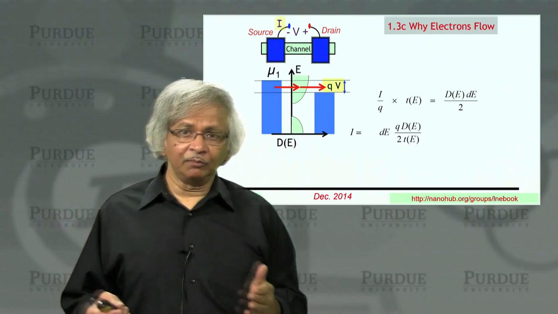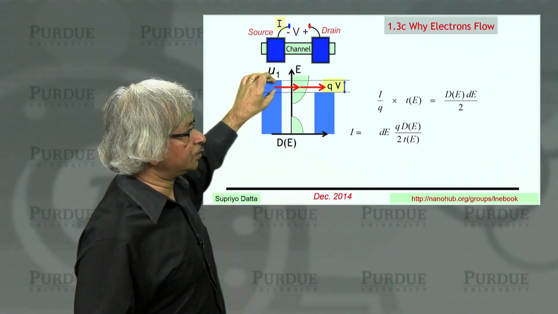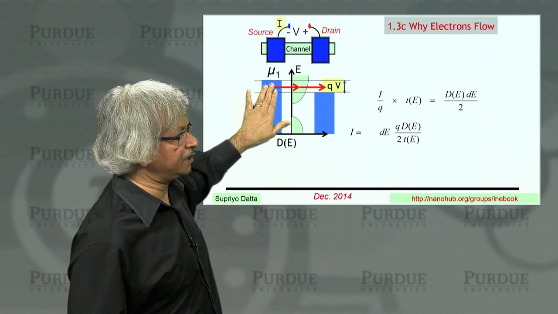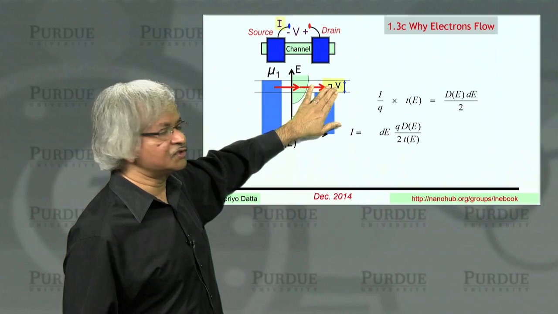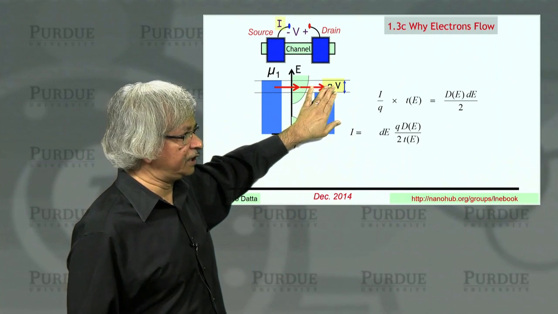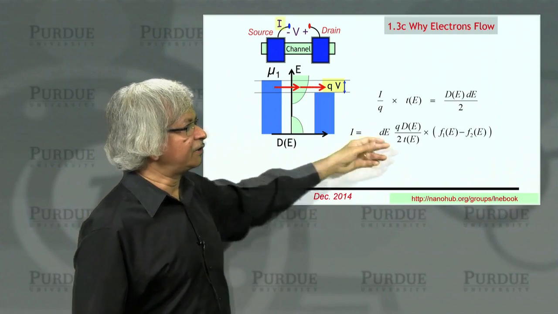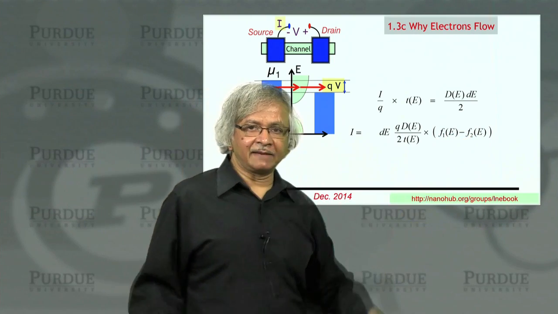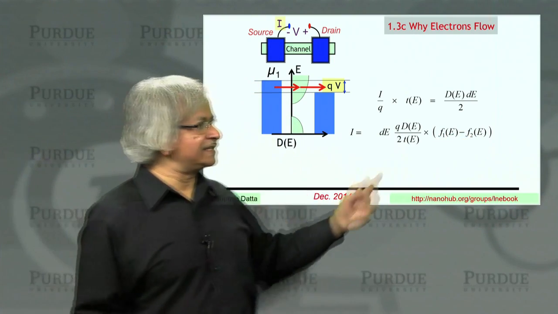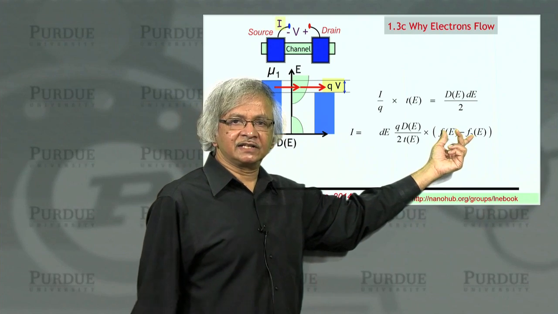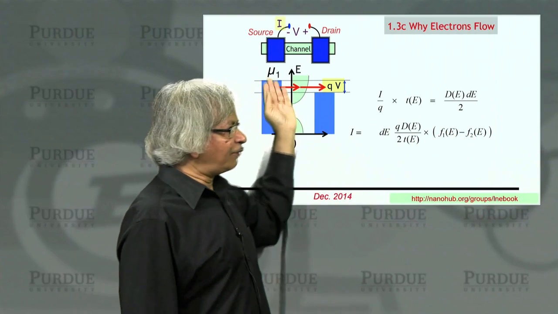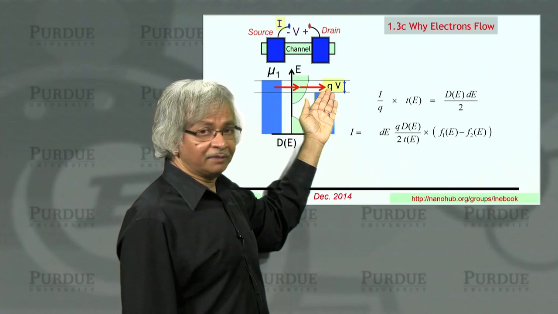On the other hand, in general, these states may be partially full, these states may be partially empty. So the occupation on this side is described by the Fermi function here. Occupation on this side is described by the Fermi function over here. And so in general, you'd have this factor here, F1 minus F2. So for example, if both sides had the same F, then as we discussed, there would be no current flow. Current flow is because one wants to fill it up, the other wants to empty it.